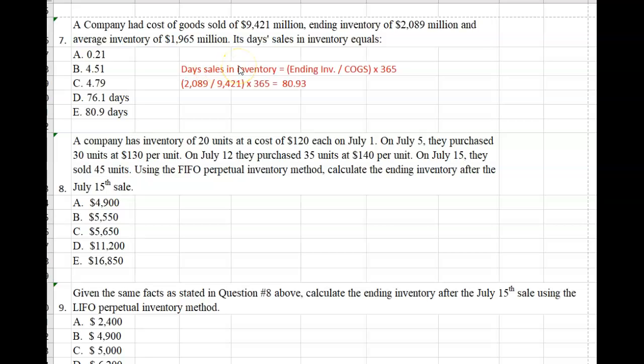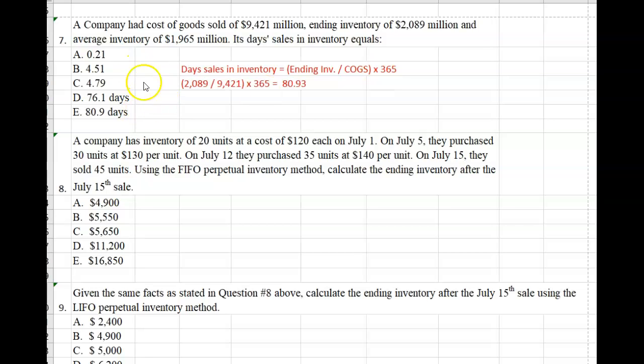Days sales in inventory equals ending inventory divided by cost of goods sold times 365. 365 because there are 365 days in a year.